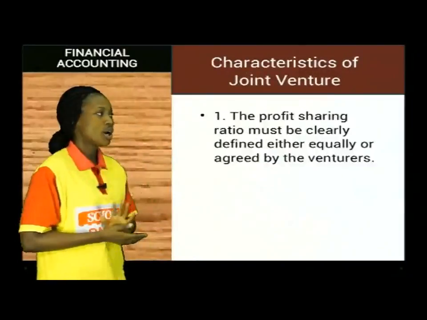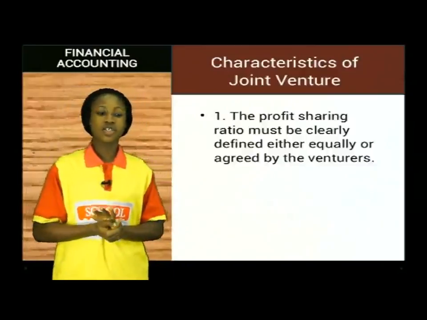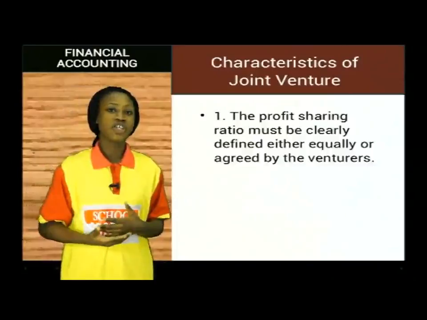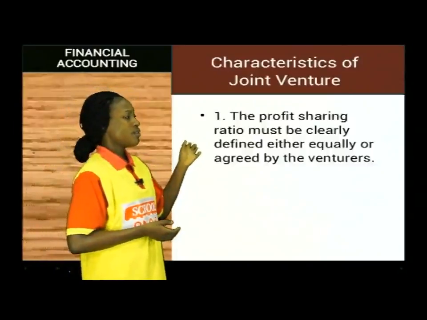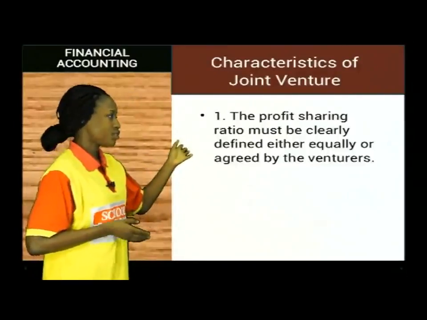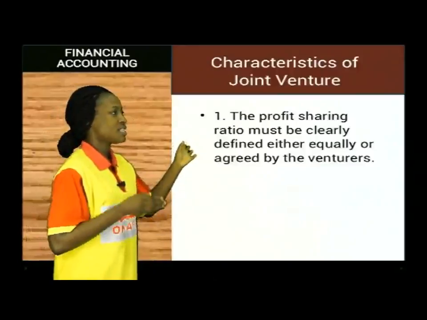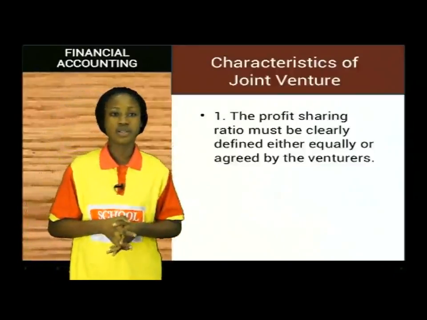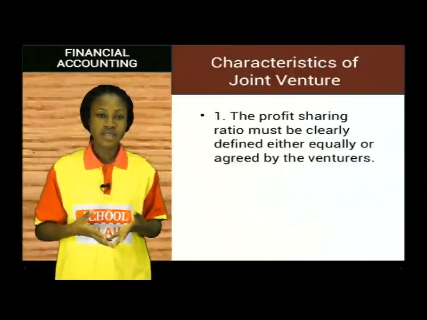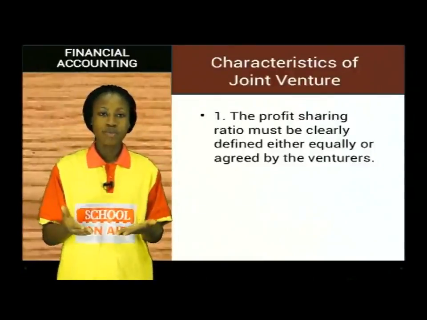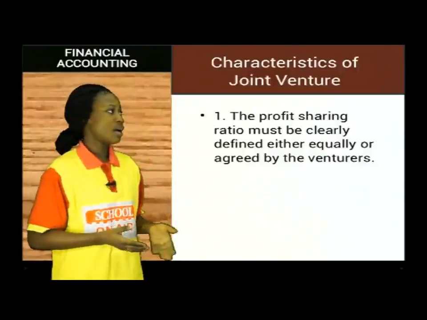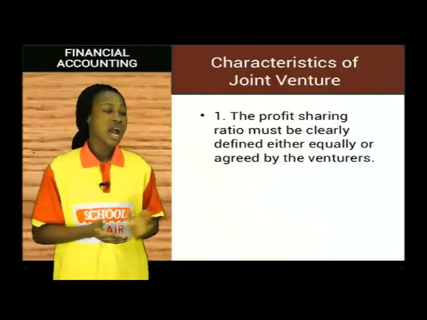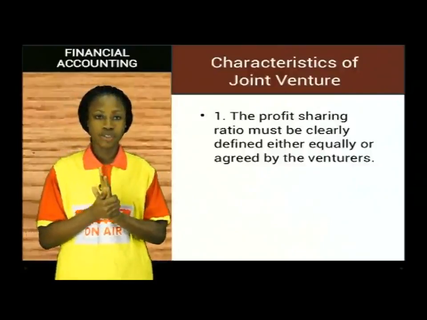Characteristics of joint venture accounts. What are the characteristics? What makes up a joint venture account? What are we going to see in joint venture accounts? In a joint venture account, the profit sharing ratio must be clearly defined, either equally or as agreed by the venturers. The venturers are coming together, maybe 2 people or 3 people. Now, they should spell out how their profit is going to be shared.